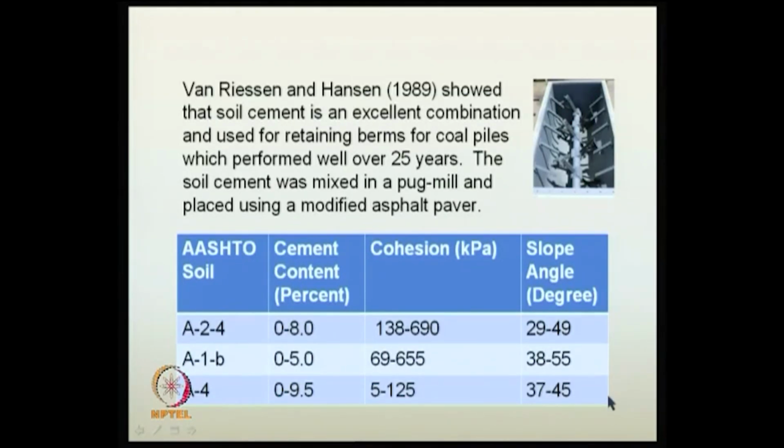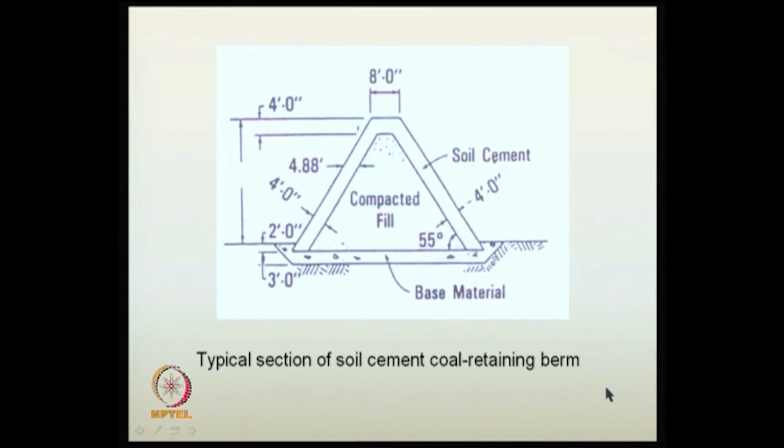What it means is, I will show you the diagram: this is a compacted fill, and using soil cement they are able to go for steeper angles. Otherwise, a compacted fill alone cannot be very steep. If you have a material like this soil cement, it is a good cover, and its angle is 55 degrees here. This is what they did in their area.